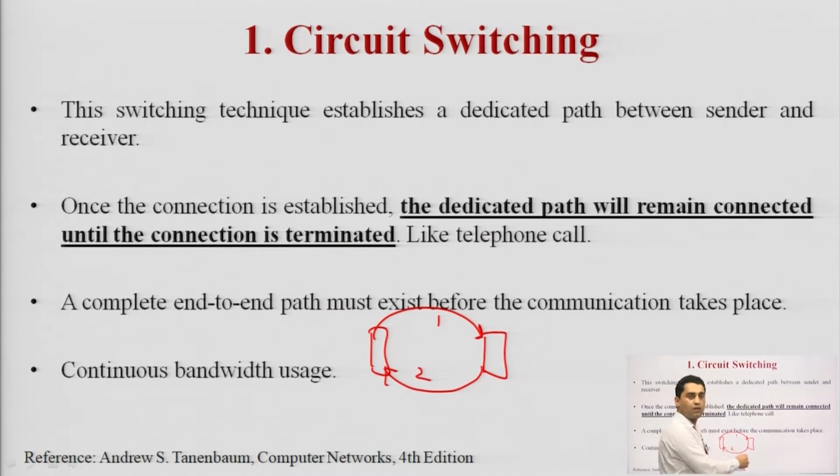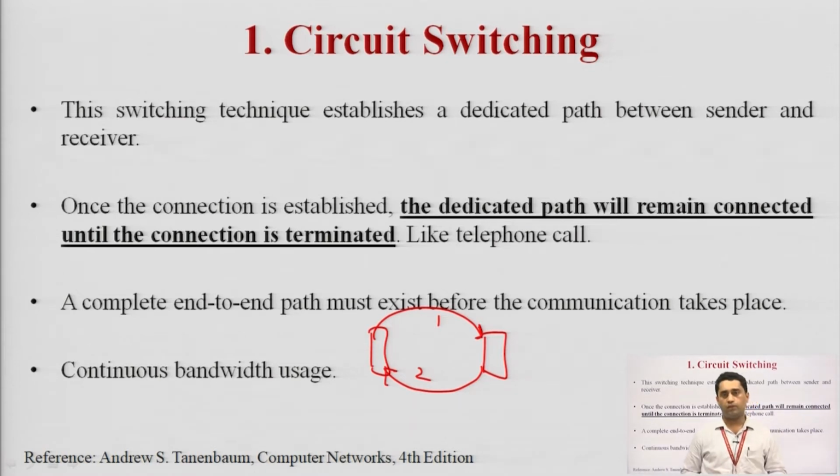This is the conversation between me and my friend, under the closed loop. This loop basically acts as a circuit of signal transmission. This is known as circuit switching. This is one basic example to understand what exactly circuit switching is.